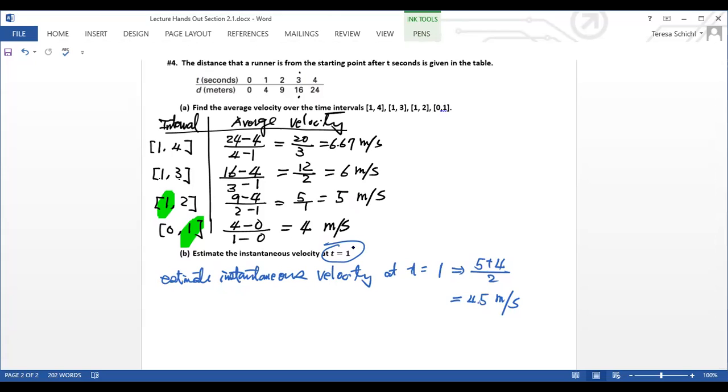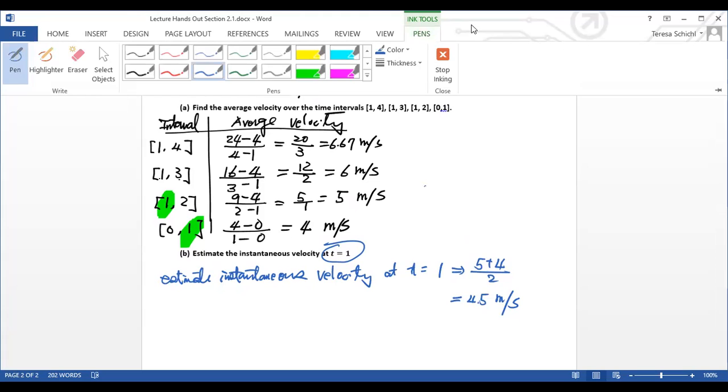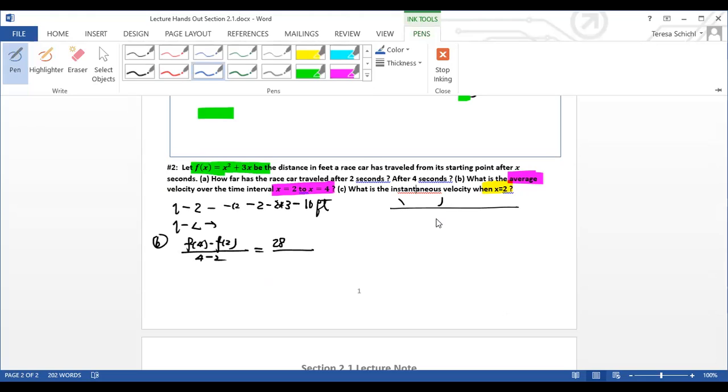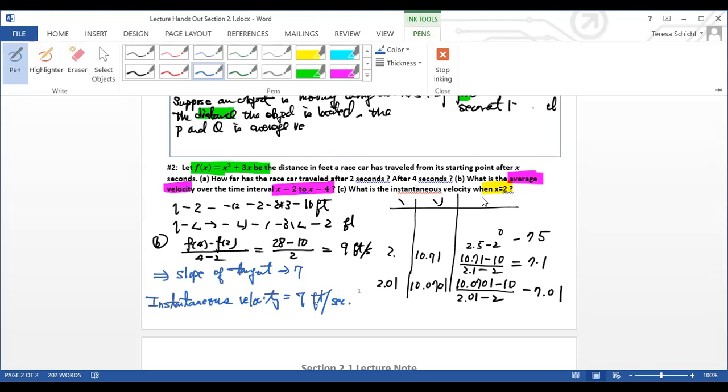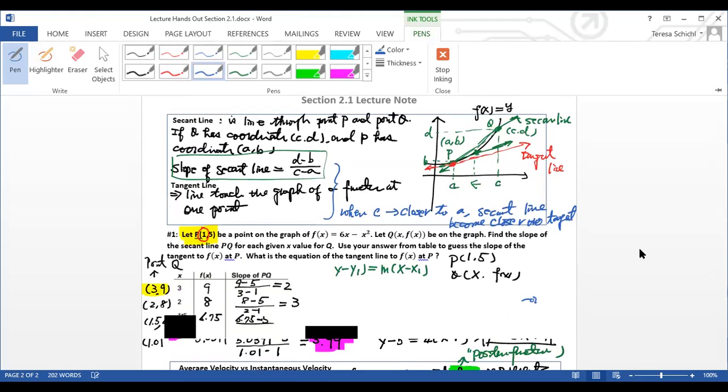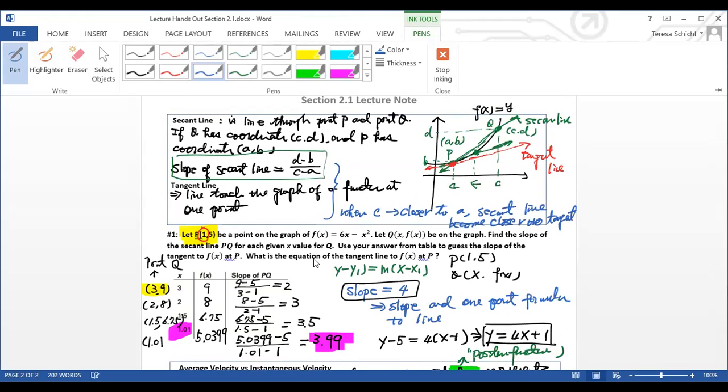Then we also want to find the slope of the tangent line. The tangent line only touches the graph once here.